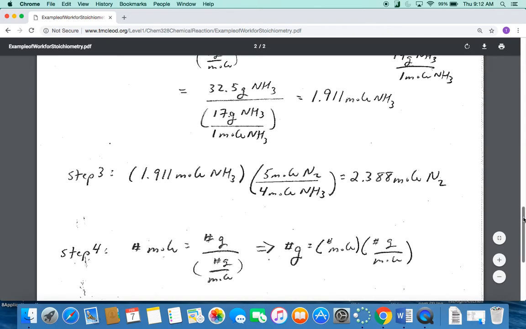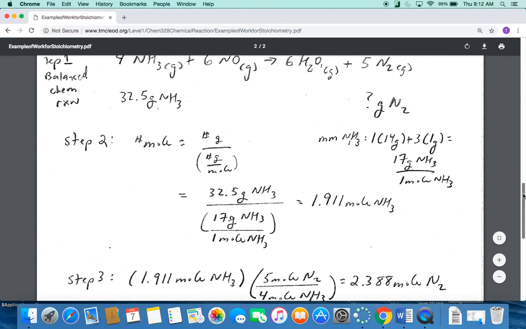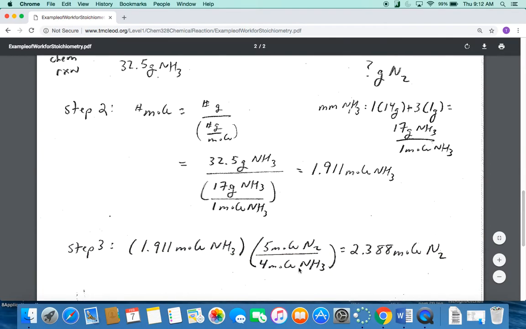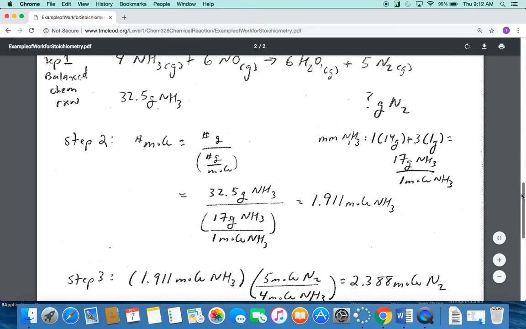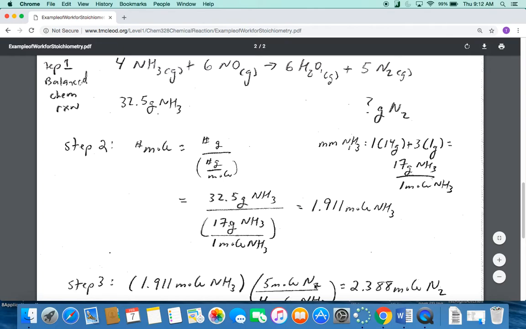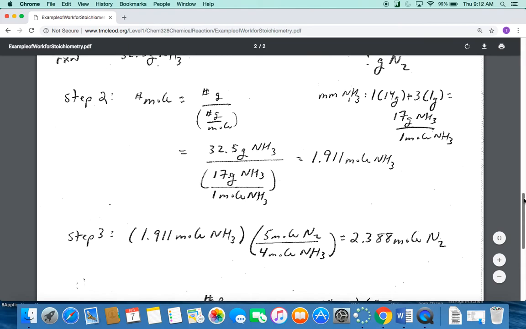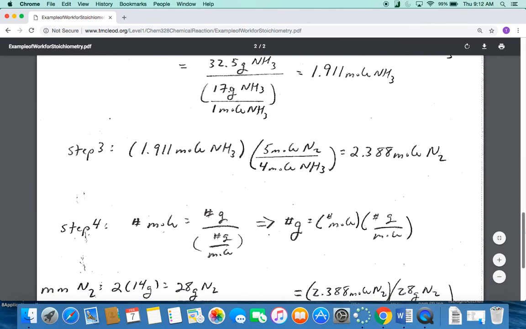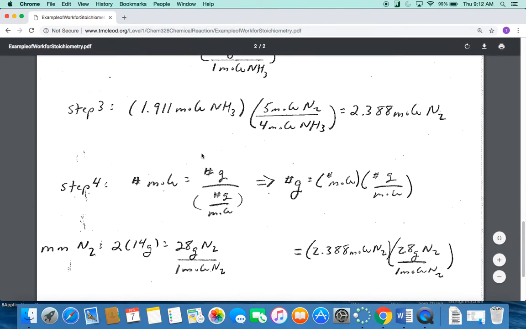And you know the coefficients because you come up here and NH3, there's a 4, and N2, there's a 5. That's where they come from. And you don't reduce them. You keep them the way they are so you can show that's what they are. And you get moles of N2, but you don't want moles of N2. So that's the only new part.